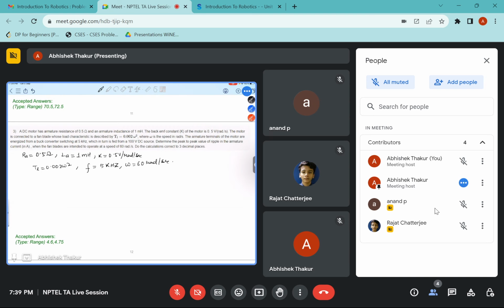So we have to find the peak to peak ripple value, that is given as (Vg minus Va) divided by La, multiplied by D and Ts. Here we have to find Va.